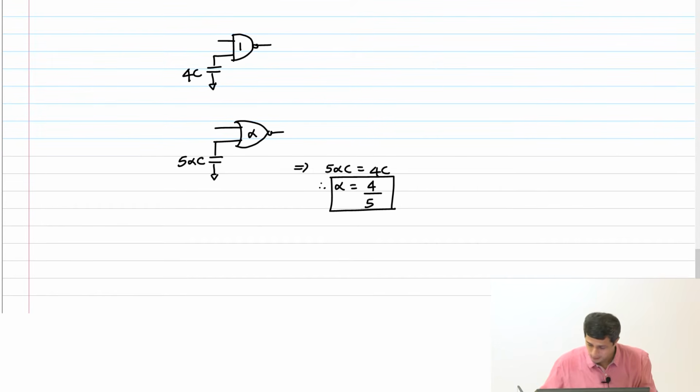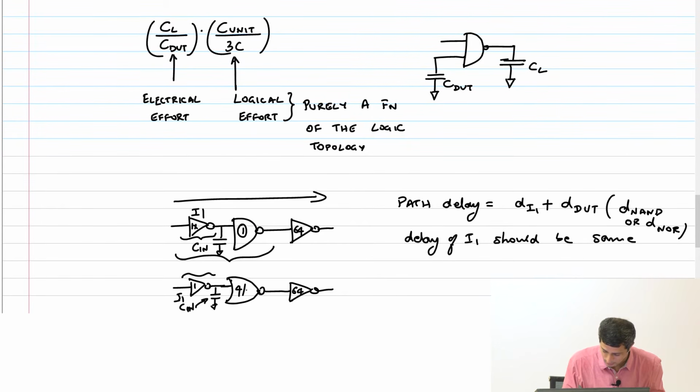So if I make this 4 by 5 times the size of a unit NOR 2 gate, then the input capacitance will be the same as that of a NAND 2 gate. Now I can ask the question, which path delay is lesser, right? I can now ask that question because I have made sure that the delay of the previous inverter is the same. It is seeing the same load capacitance in both cases, right?